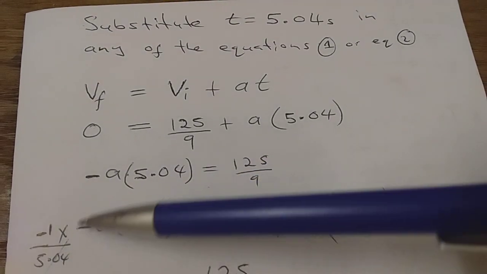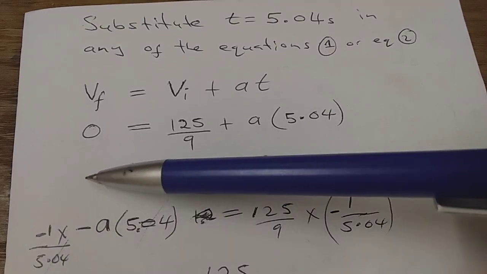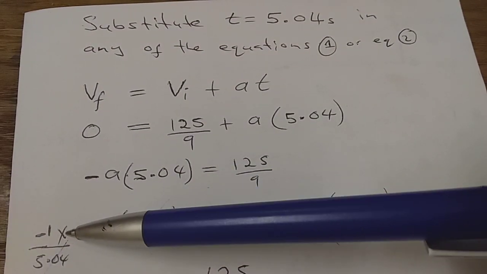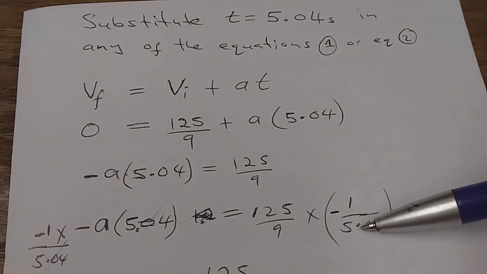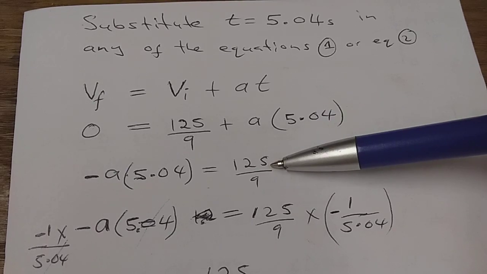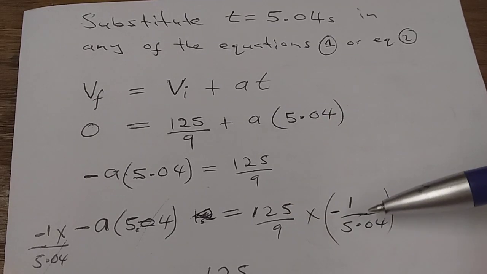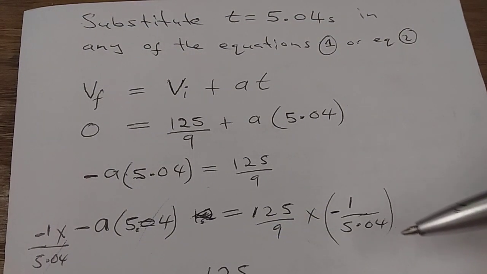The reciprocal means just 1 over that number. Okay, negative is there, negative times negative, so that you get a positive. What you do on the left, you must also do on the right hand side. So 125 over 9, multiplied by the reciprocal.